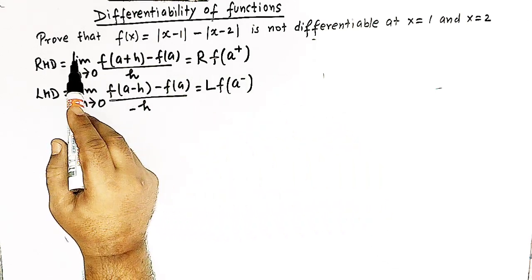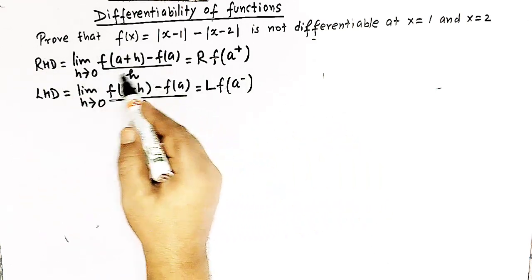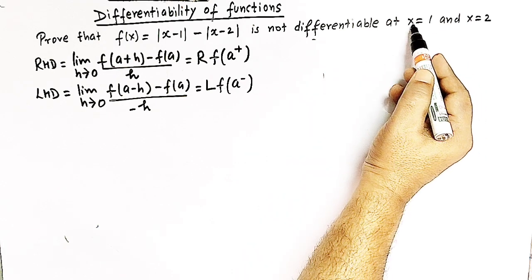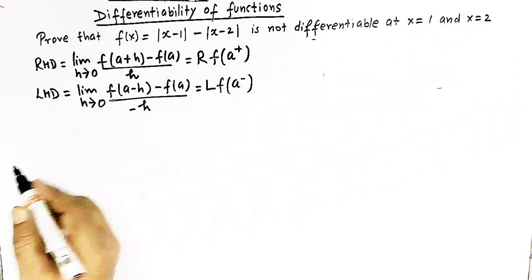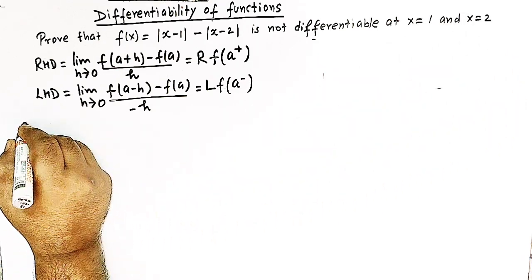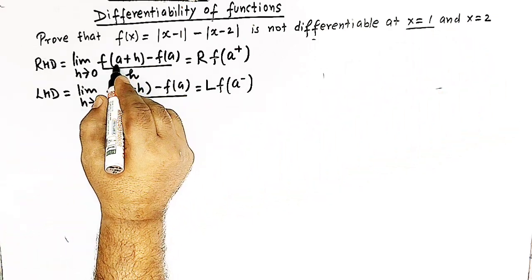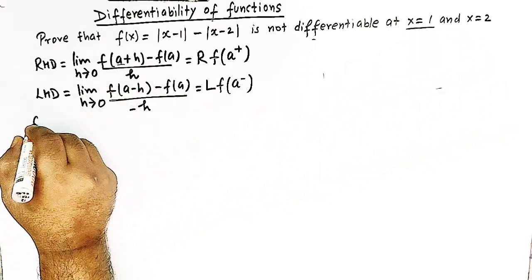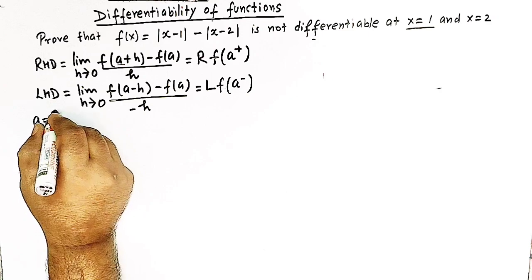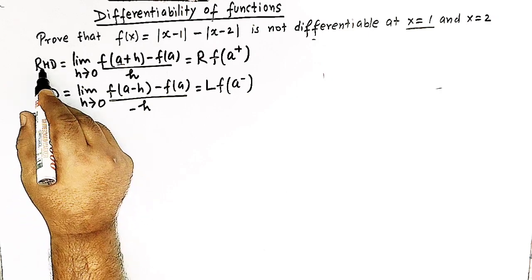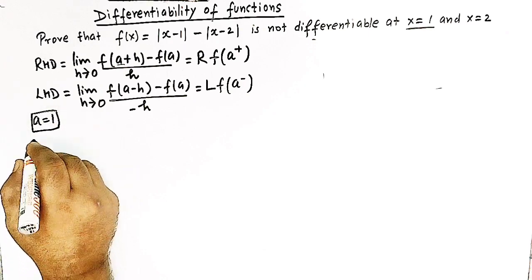So let us now prove the non-differentiability of this function at these points, that is x is equal to 1 and x is equal to 2. Let us first take this point, that is x is equal to 1. So here we'll now take a is equal to 1, right? Let us first find out the right hand derivative and then the left hand derivative.